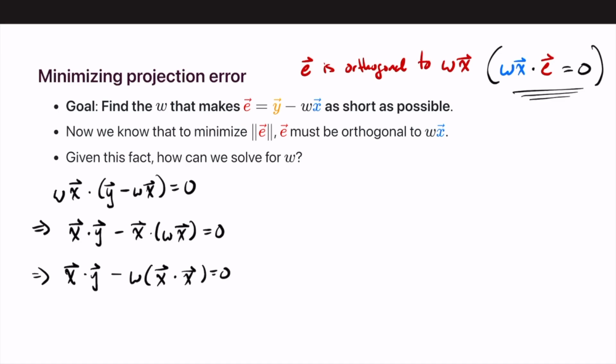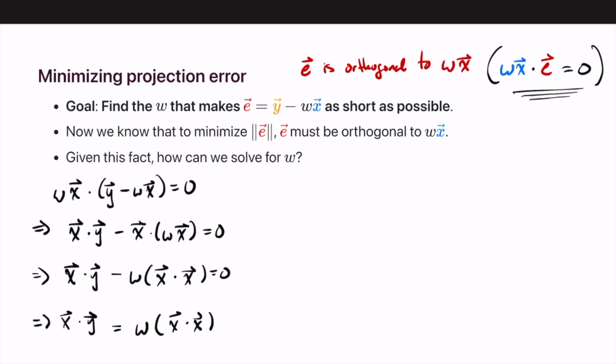And after that, it's just some simple manipulation. So we can take the term and rearrange it onto the other side. So this will give us x vector dot product with y vector, which equals the scalar times the squared magnitude of x.